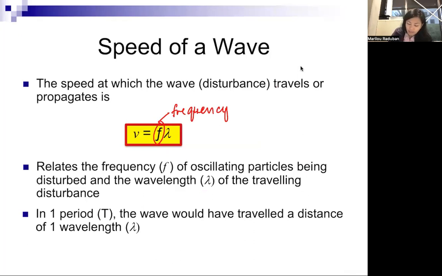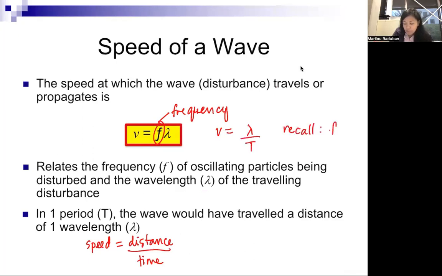If we analyze the speed of the wave, this equation actually came from the basic definition of speed. We've learned in the very first lecture that speed is equal to distance divided by time. And frequency, we've learned last time, is related to the period. So we can also write the speed as equal to the wavelength divided by the period, recalling that frequency is the inverse of the period.